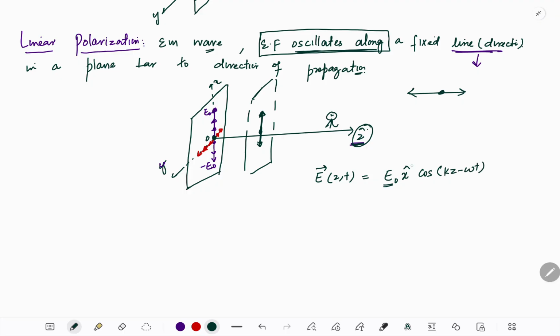What it means is the electric field is oscillating along the x direction, and the phase will decide the wave is propagating along the z direction. I hope you understand this point.